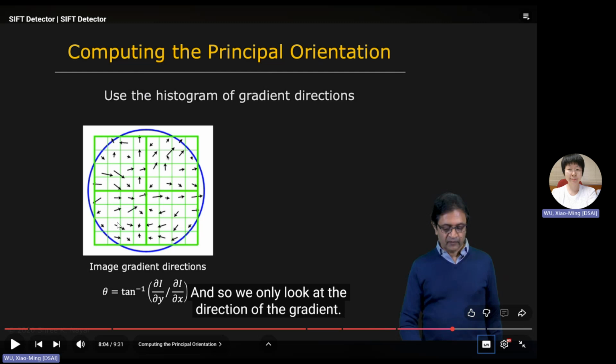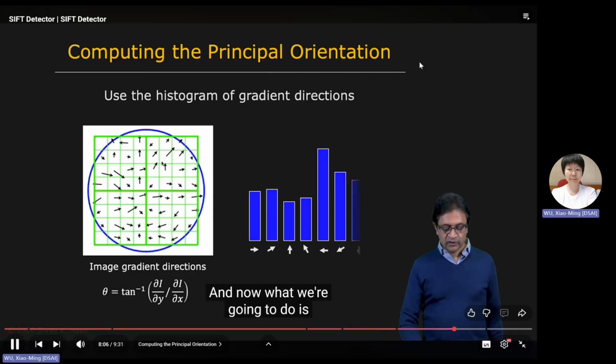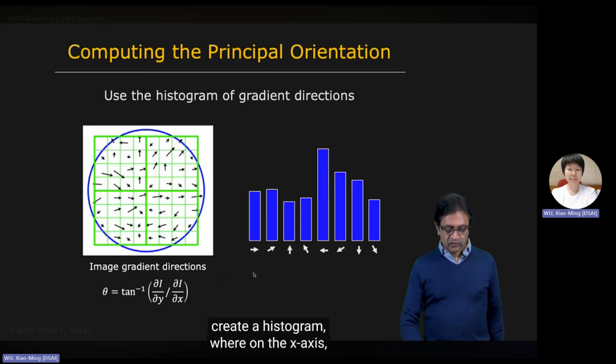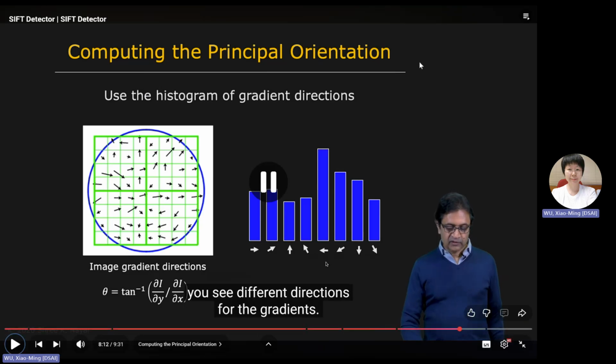So if we want our detection to be robust to variations in illumination, we don't look at the gradient magnitude. And now what we're going to do is create a histogram where on the x-axis you see different directions. There are only 8 directions.